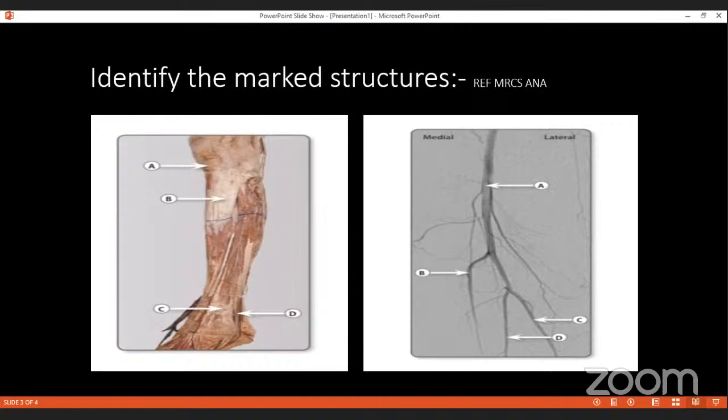Looking at this vessel C, between which structures does it run at the medial malleolus? Imagine the structures passing at the medial malleolus. What is the relation of this vessel at the medial malleolus? The posterior tibial artery.